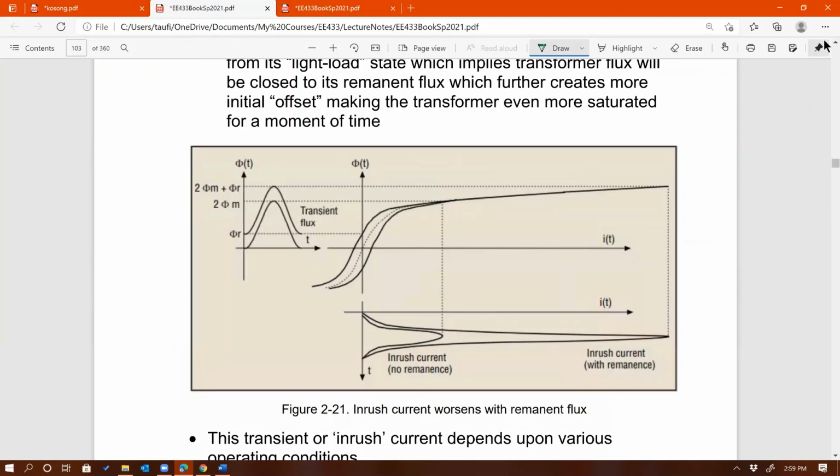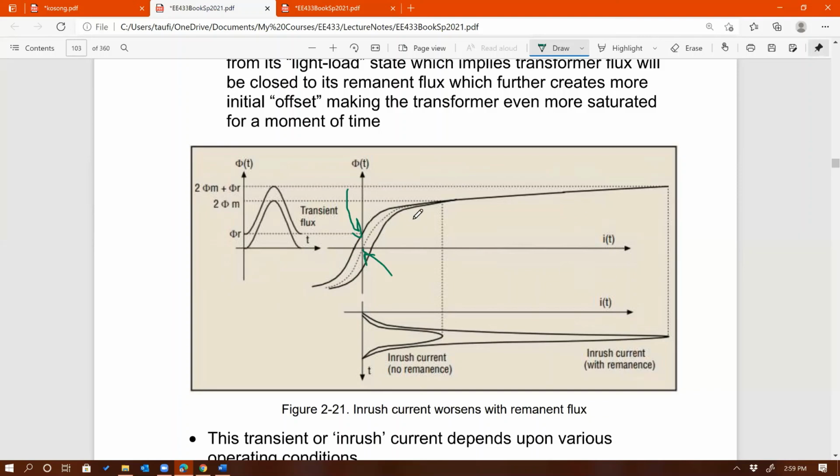And this gets really worse. So that's not the worst case. That's already bad. The worst case is when you operate the transformer and then you turn it off, and the core is not reset yet. So it has this remnant flux right there. That's actually worse than 0. At least in the previous case, you start from 0 and the offset starts from 0.